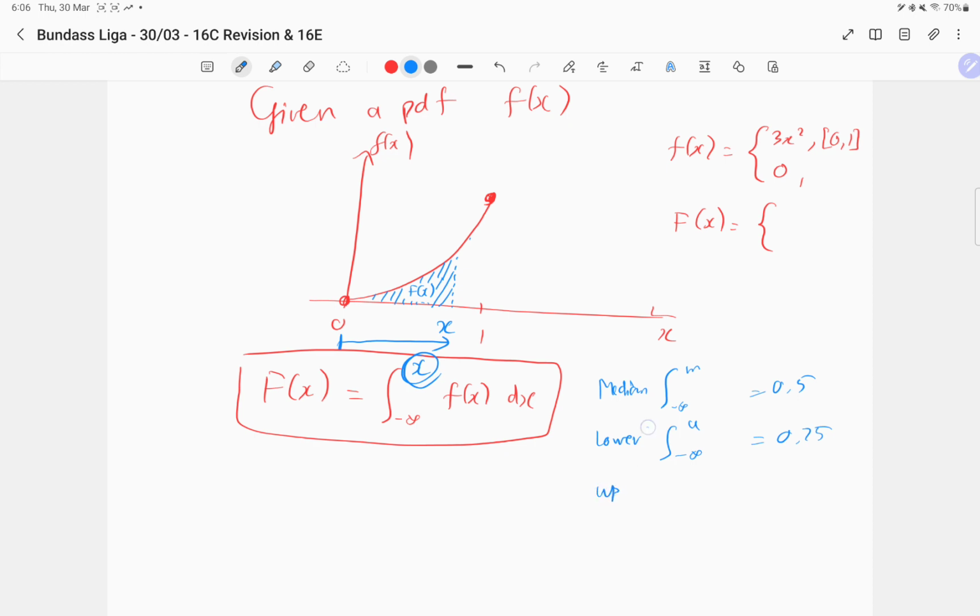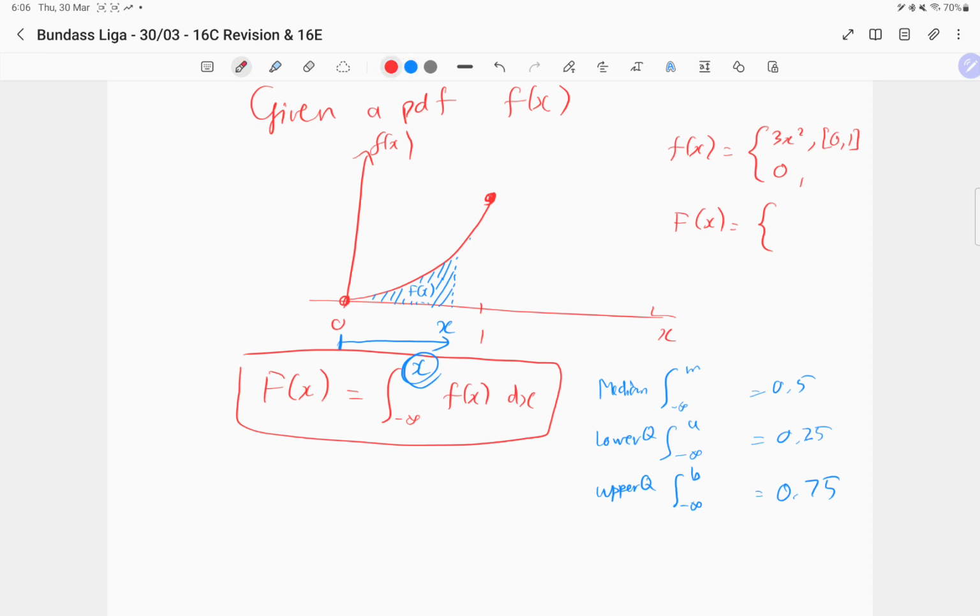And then the upper quartile, antiderive from the left to b, which equals 0.75. So the CDF takes that further, by creating an equation where the area to the left of a certain value is given by that equation.